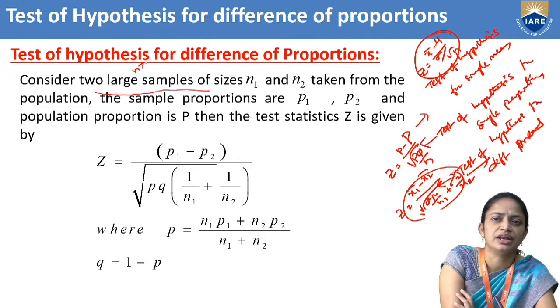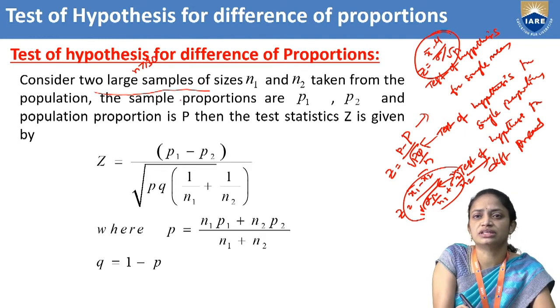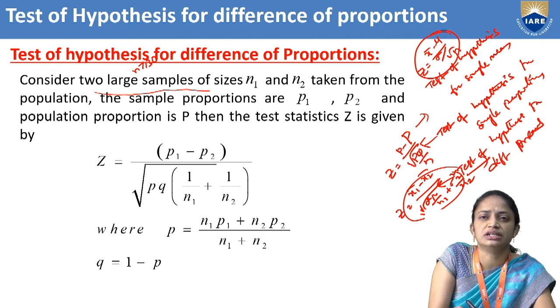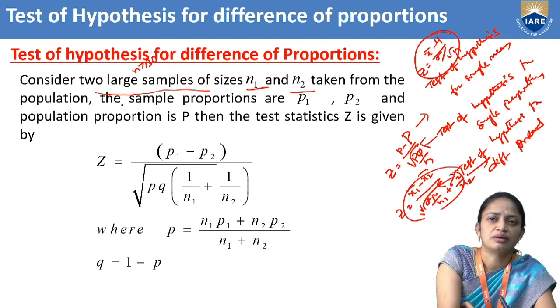We know that if n is greater than or equal to 30, then we can say that it is a large sample. So consider two large samples of size n1 and n2 taken from the population. The sample proportions are small p1, small p2, and the population proportion is capital P.